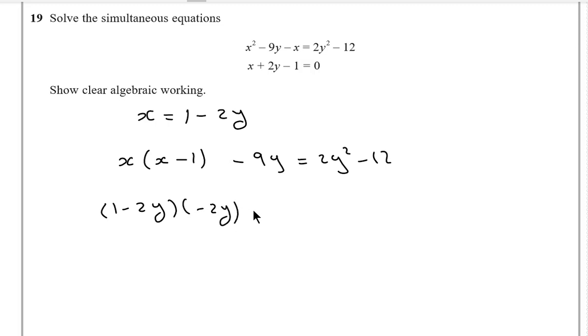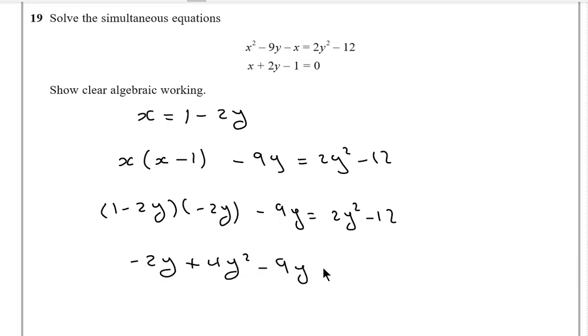Minus 9y equals 2y squared minus 12. Now we can expand. Negative 2y times negative 2y gives 4y squared, so 4y squared minus 9y equals 2y squared minus 12.